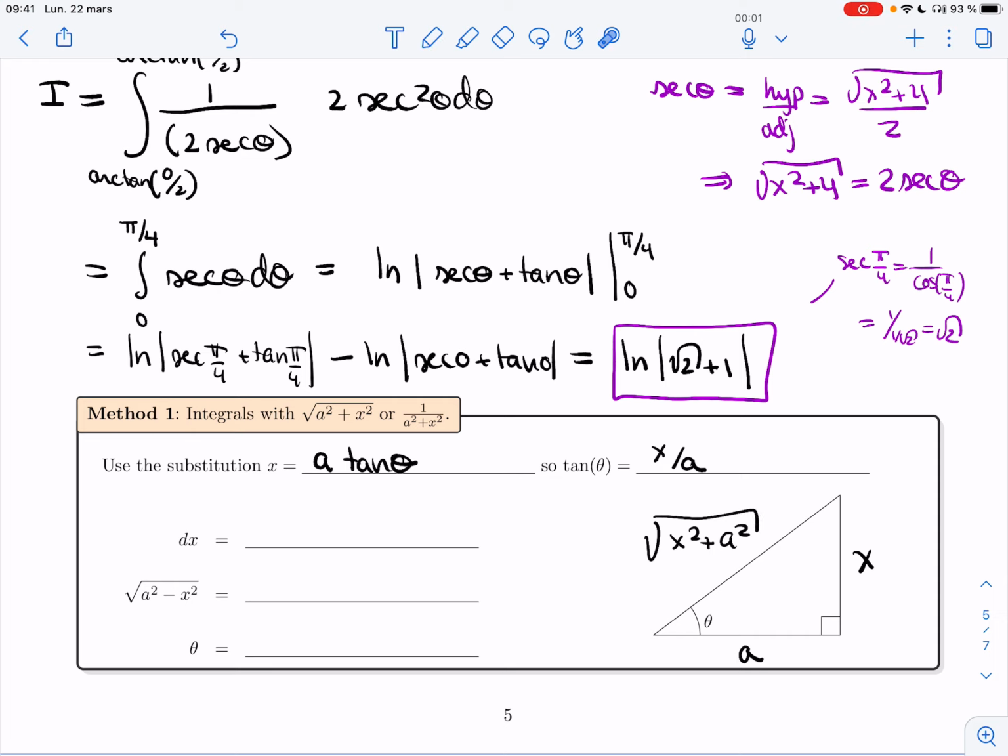That matches the square root that we have right here. That's why we do it. Then to get the dx, you just differentiate tan and you get secant squared. The square root here is a secant theta. And then if you want to look at what theta is, you send tan to the other side, you get arctan of x on a.